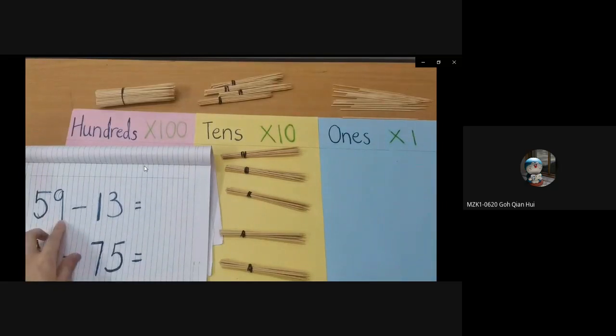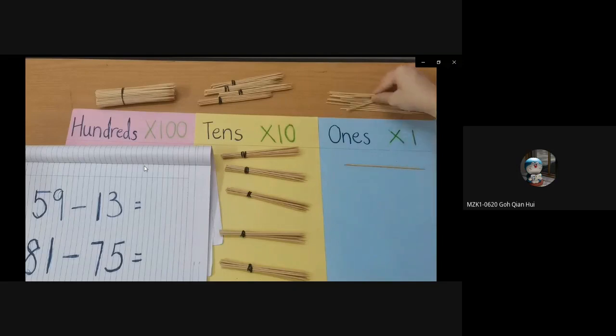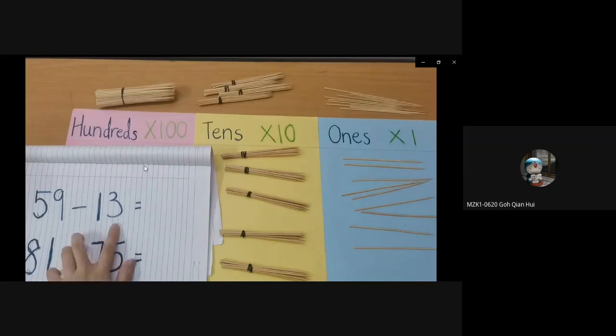And 9 here means 9. So they have to put 1, 2, 3, 4, 5, 6, 7, 8, 9. And minus 13 means take away 13 wooden sticks.